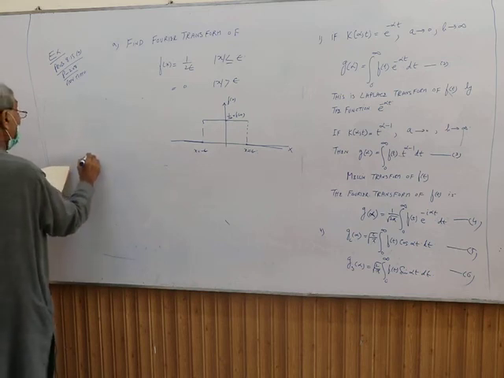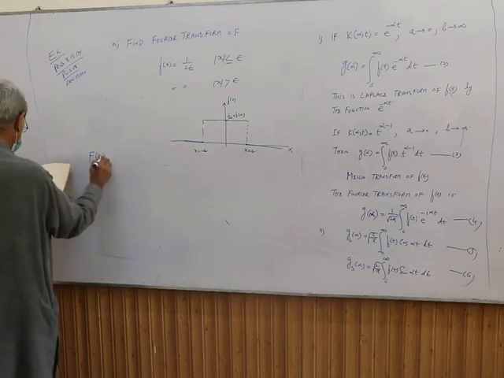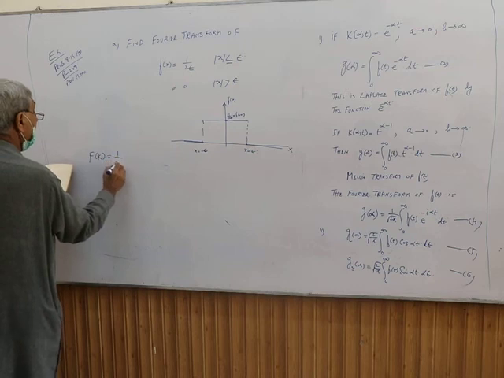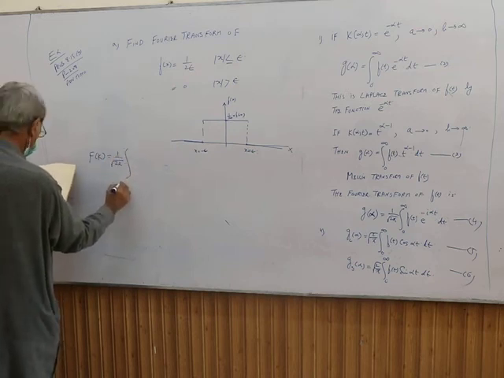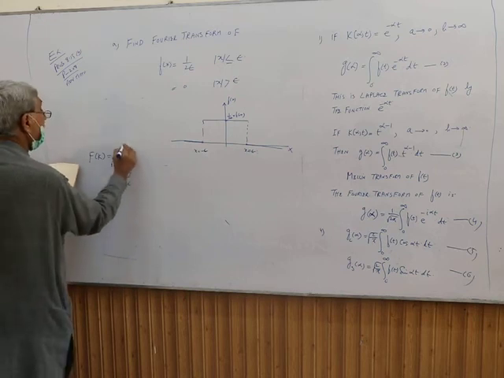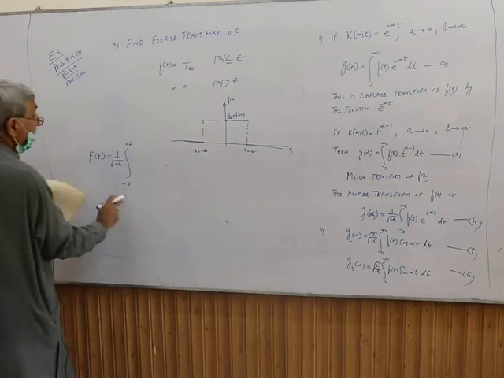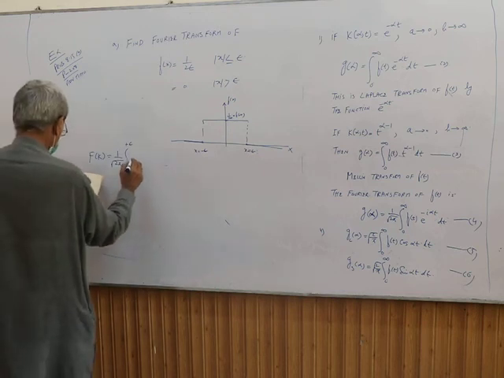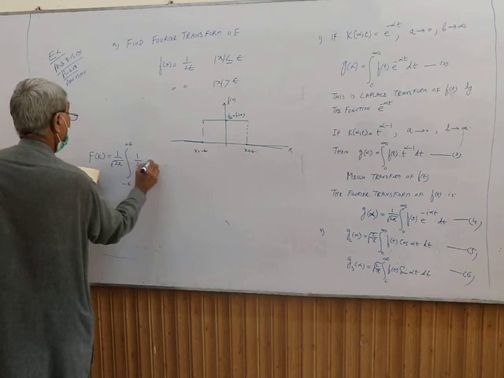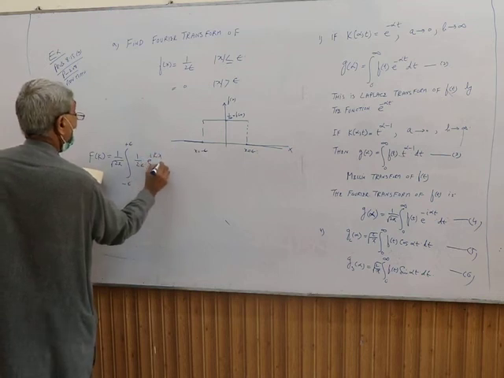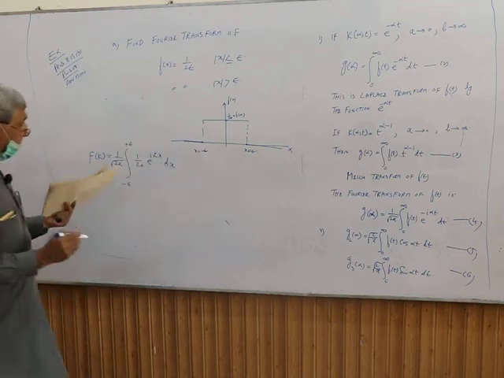We know that f(k) is equal to 1 over the square root of 2 pi, the normalization constant, integral from minus infinity to plus infinity, but I am not writing it, and this is equal to 1 over 2 epsilon e raised to ikx dx. Now look what I have done.